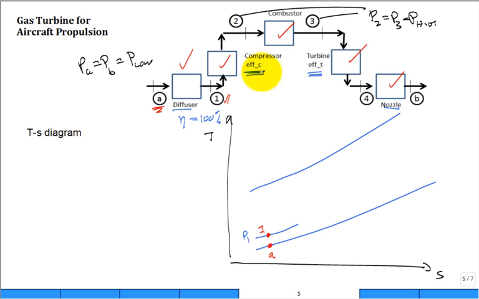Now, if I have the isentropic efficiency of the compressor and I have the pressure ratio of the compressor specified, the pressure ratio is going to be P2 divided by P1, or is it going to be P2 divided by PA? The pressure ratio for the compressor is P2 over P1 because 1 is the inlet to the compressor. Don't put PA there, okay?